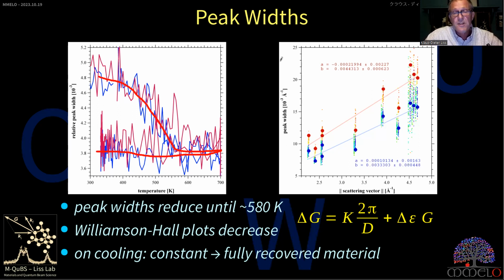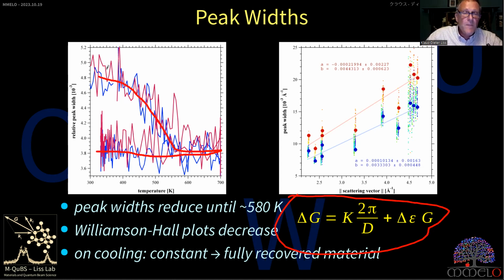So the delta G is the vertical, and the G is the horizontal axis. And if we plot all these peak widths, we can regress a linear function. So in the most simple way, it is this equation where we have a linear dependence and a constant describing the grain size.